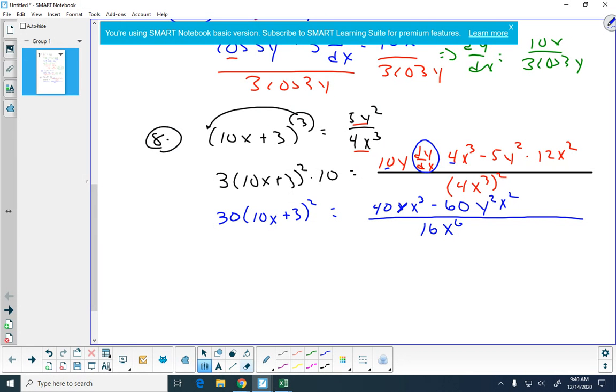Oops, I forgot my dy/dx in there, didn't I? So we have 40yx cubed dy/dx minus the 60y squared x squared.